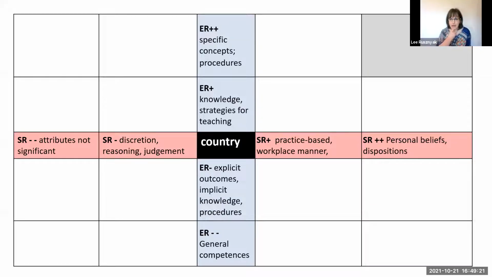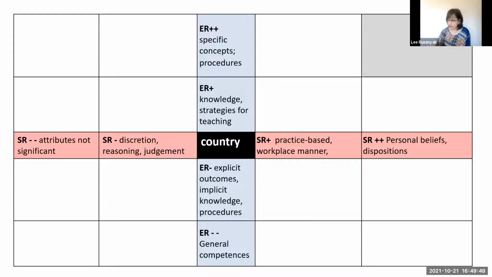And the ER--, the weakest form of epistemic relations in our data set, were where general competences were referred to that one could learn anywhere, or where there was no emphasis at all on knowledge and procedures. So that gives us a continuum of strength for the epistemic relations.